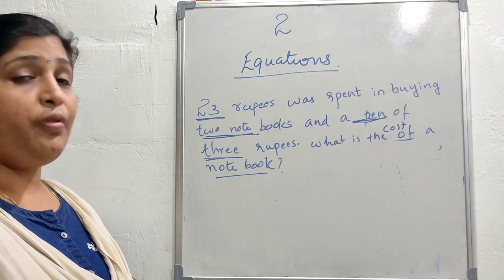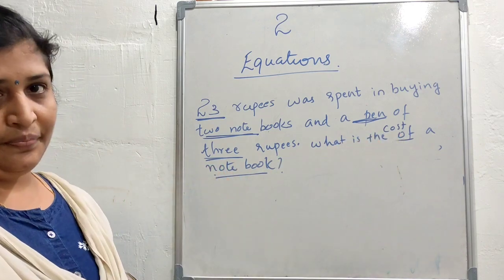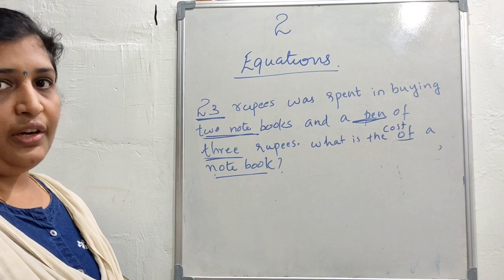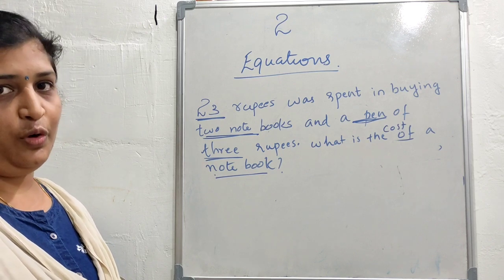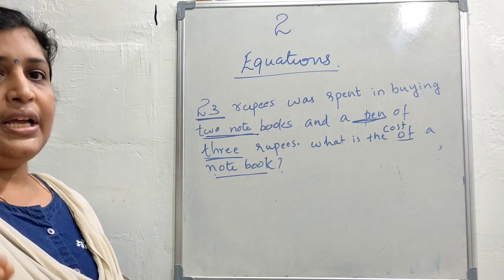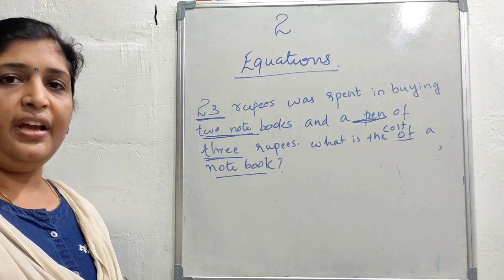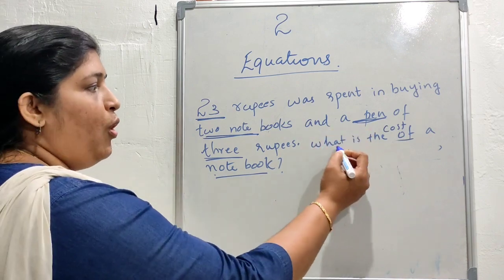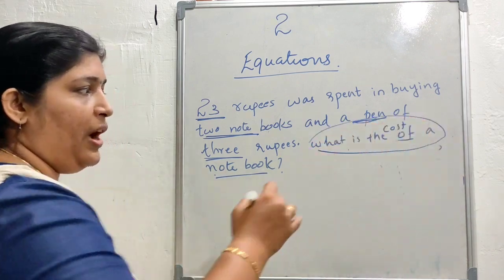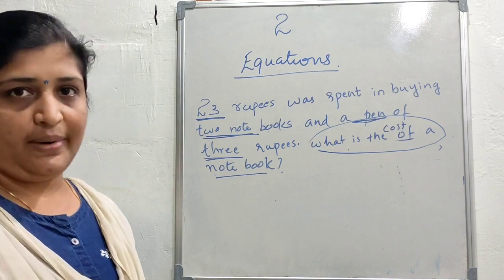What do we need to find? We need to find the cost of a notebook. So, what we need to find, we take as a variable. Take it as a variable.